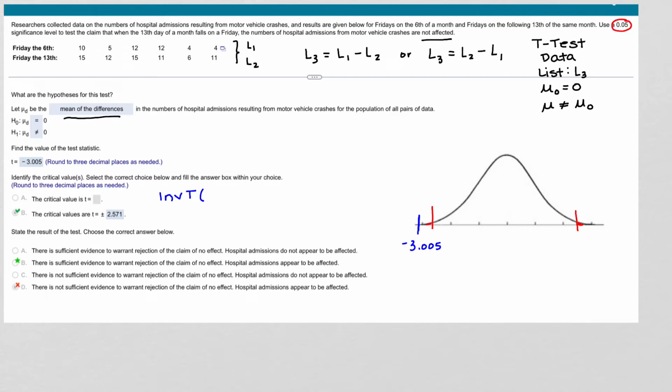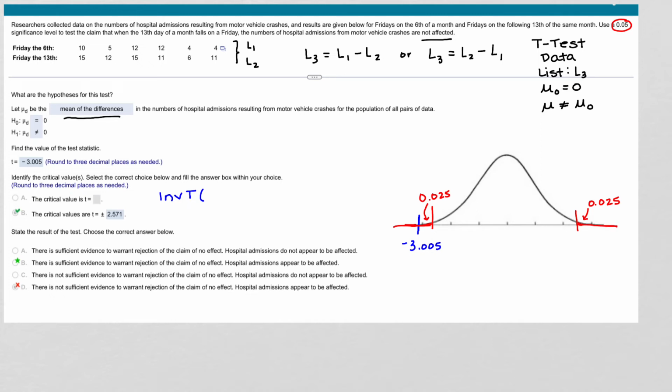So if the tails have to total to 0.05, then this area is 0.025. Just cut 0.05 in half. And this is also 0.025 in this area. And remember that area goes on forever.